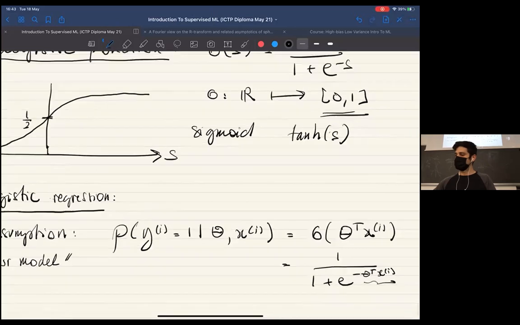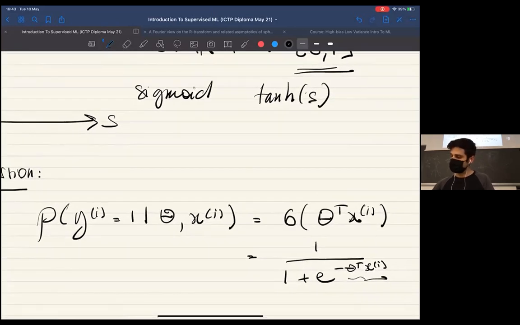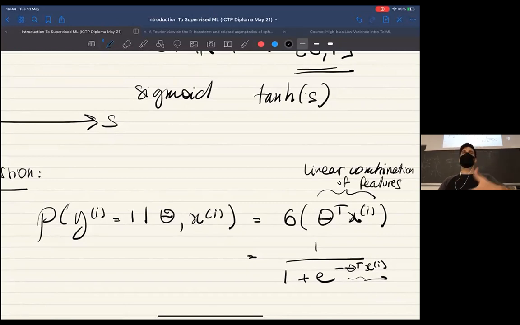Essentially, what we assume here is that what matters to make a decision is a linear combination of the features. And we plug this linear combination of features inside our logistic function, and it outputs a number between 0 and 1 that we will interpret as a probability.